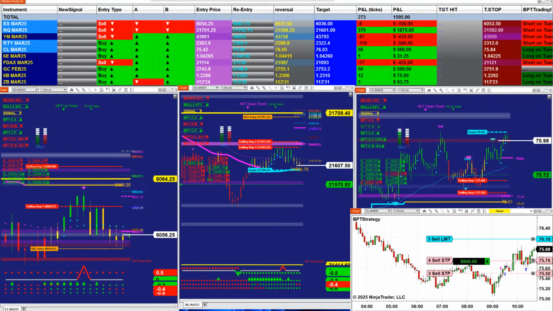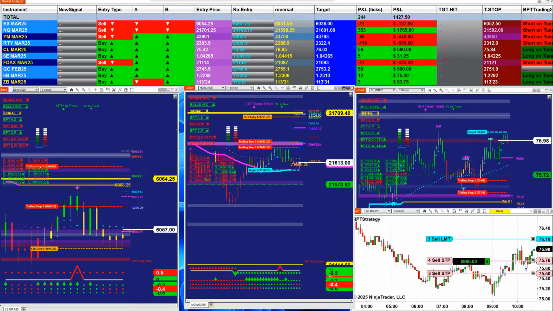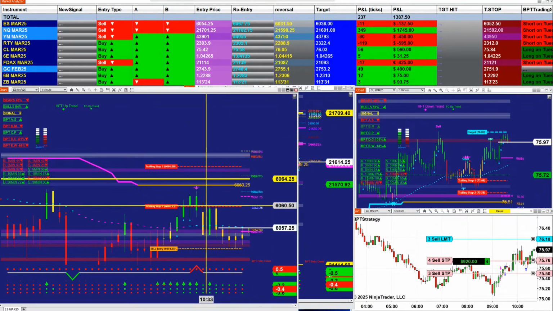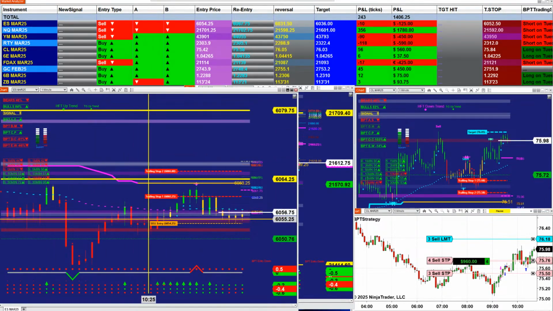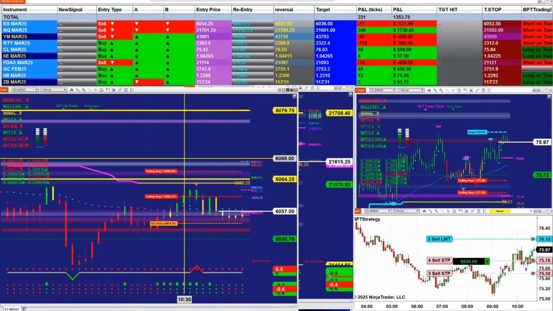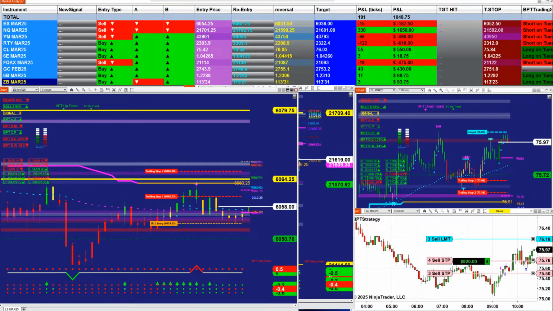You can see it's overwhelming how much support there is for the ES. Look how strong the support on the ES is and how strong the resistance is right there. So the market is jammed in this channel and there is nothing we can do.